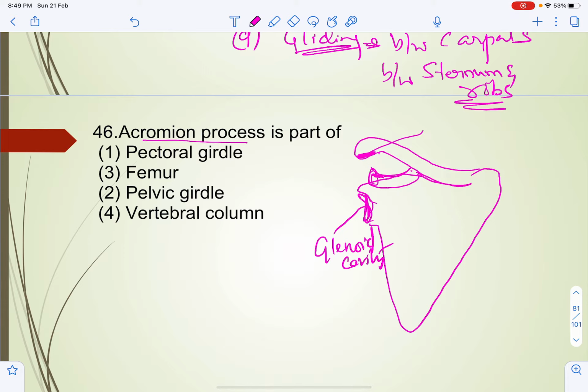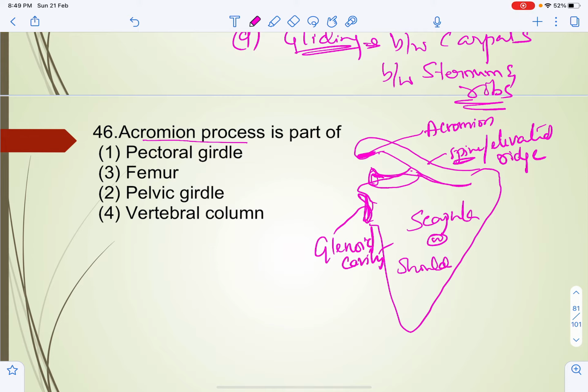Acromion process is seen in the spine, the elevated ridge of the scapula. Scapula is also called the shoulder blade.